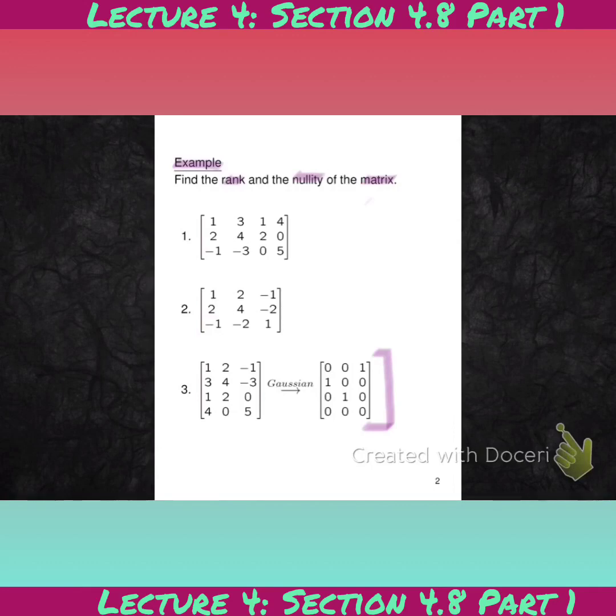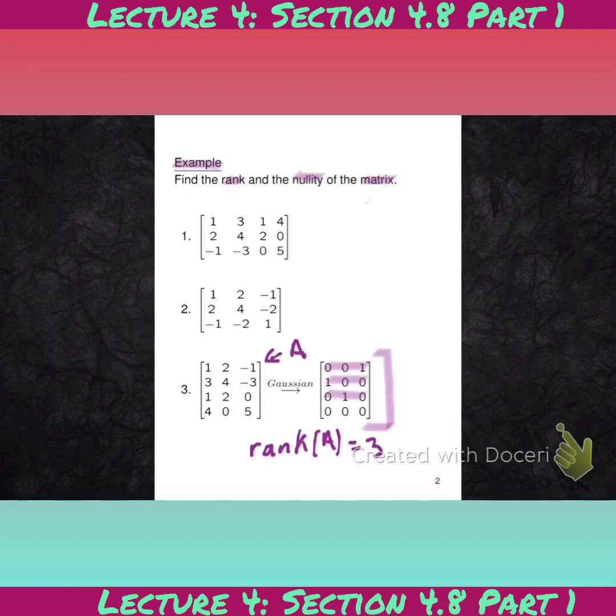And these three vectors here form a basis for the row space. So the dimension of the row space, the rank of that matrix A, can clearly be seen as 3. And what is the nullity?